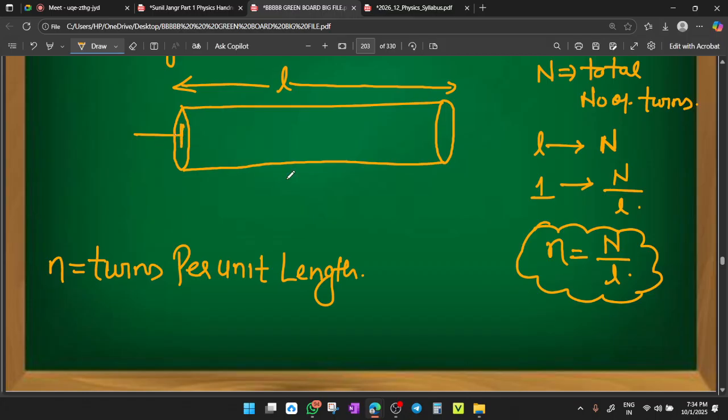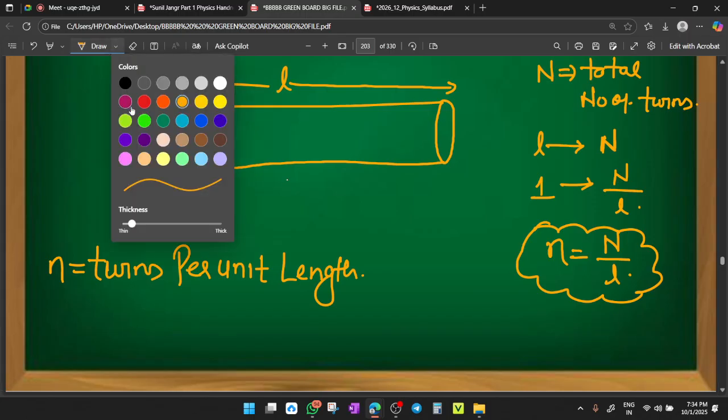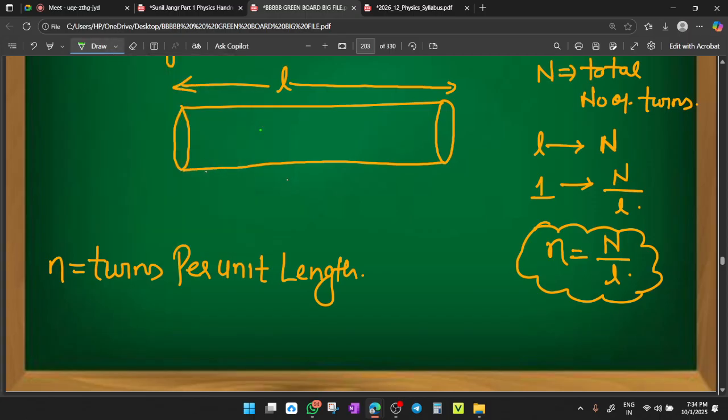Now see, if I connect a battery here, but the battery could not be connected in this way. First we have to wrap this coil around the core. You can take an iron core, air core, plastic core, or thermocol core, upon your choice. From the back side, you will wrap the first turn, then the second turn, then the third turn.